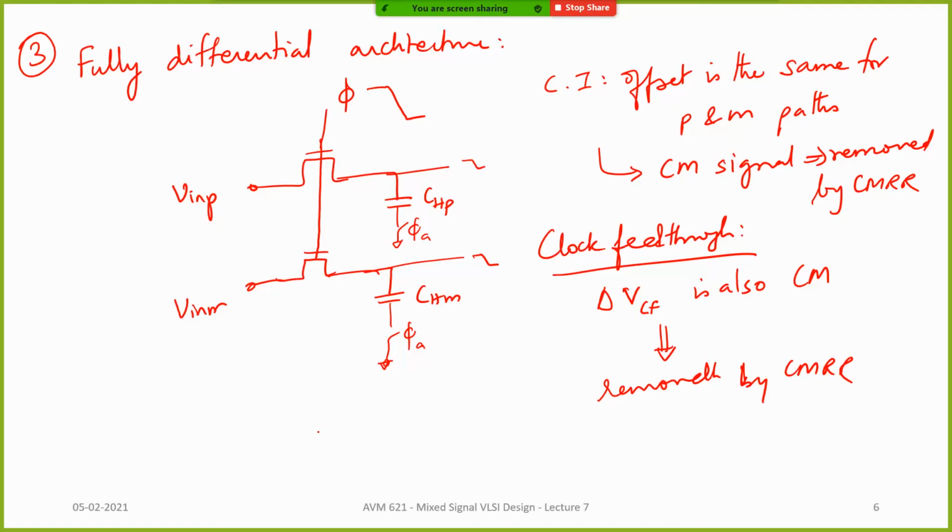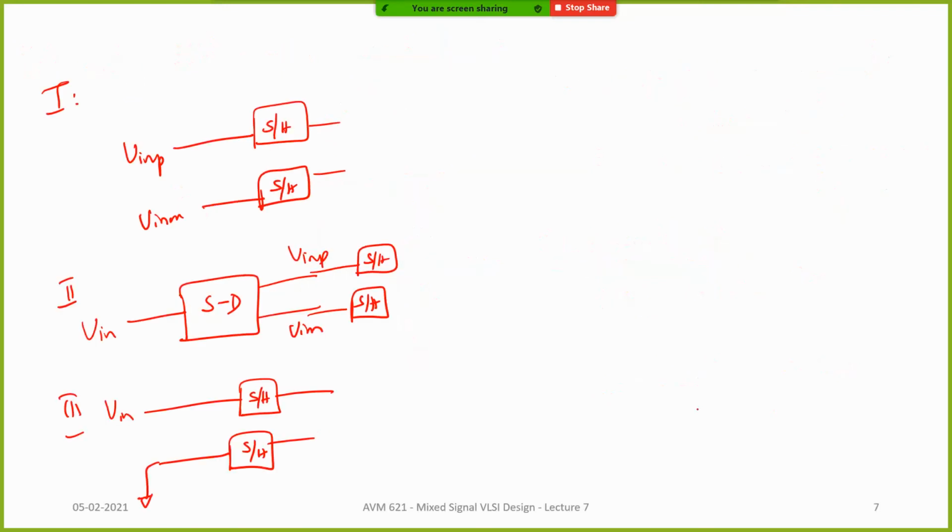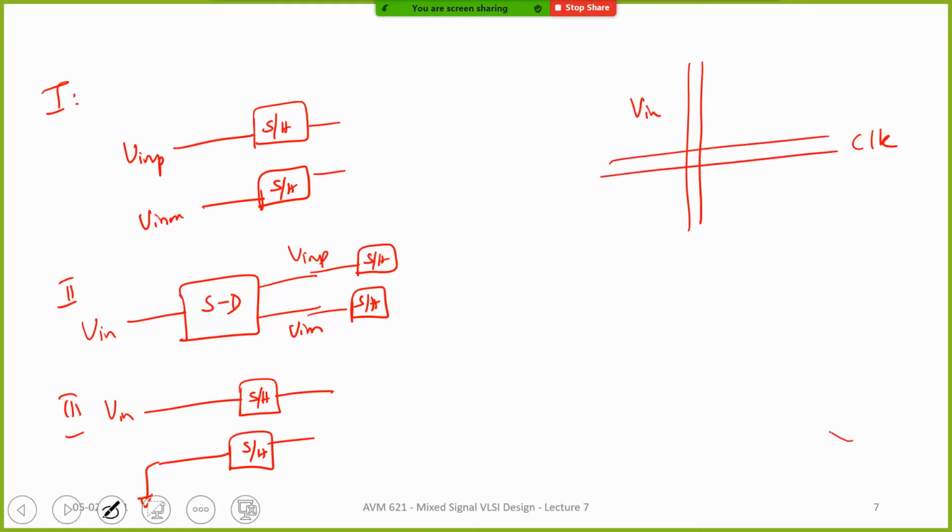And in fact, because this is a mixed signal circuit, you have these very sensitive signal lines going, and you also have these very large signal clock lines going around, right? So for example, let's say your signal line is V in here, and let's say somewhere here your clock line and clock bar is going. Now what will happen? There will be capacitive coupling between these two, or even if it doesn't go perpendicular, if it's going parallel or something like that, you will have some coupling.